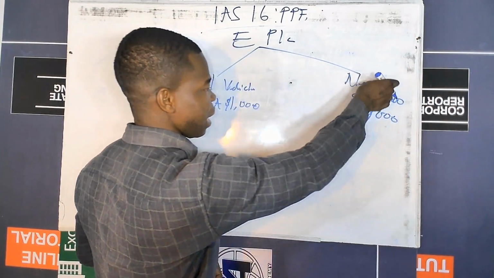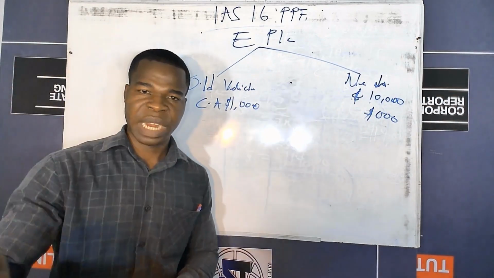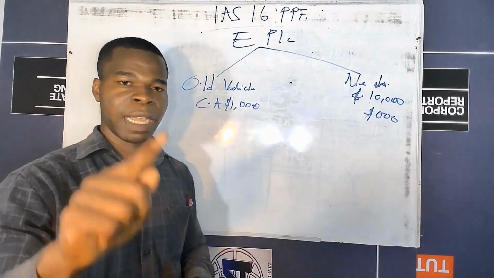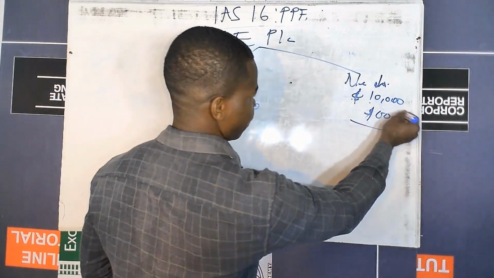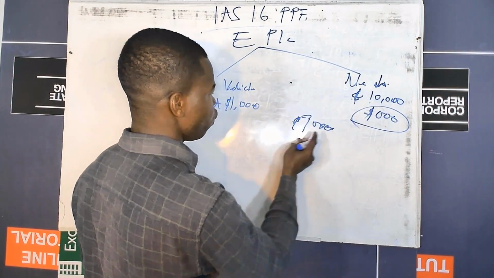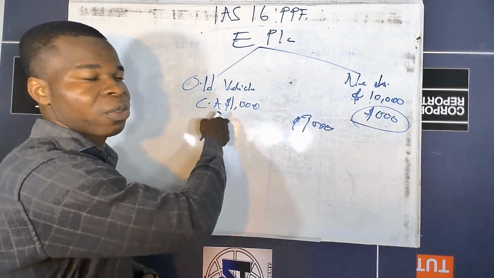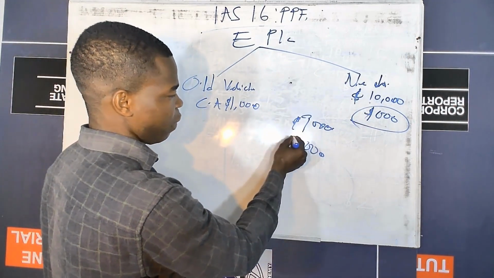Is it going to be the 10,000? Please, no. We are going to use what we call the trade-in allowance value. And how do you get that? After you deduct the discount given, you get $9,000, and then you also deduct the carrying amount of the asset, the 1,000, which will give us 8,000.